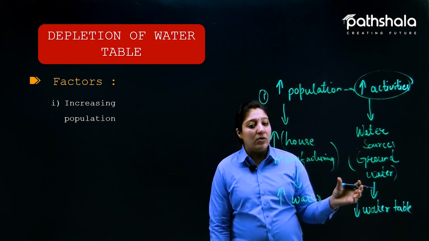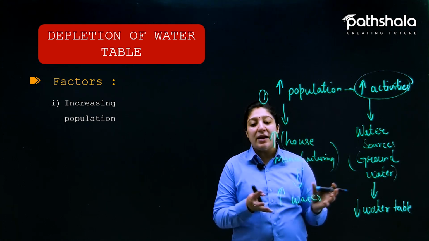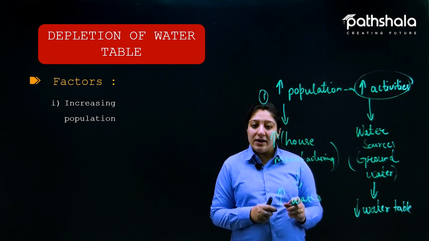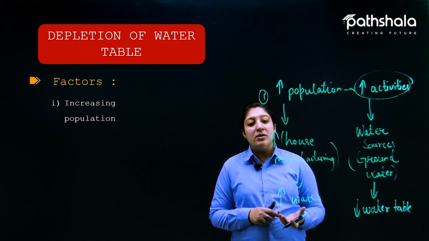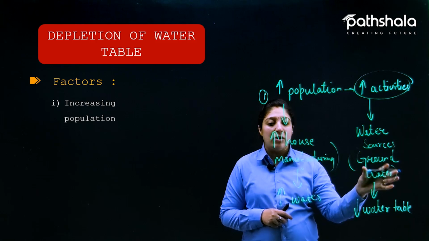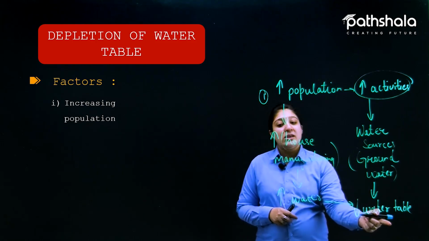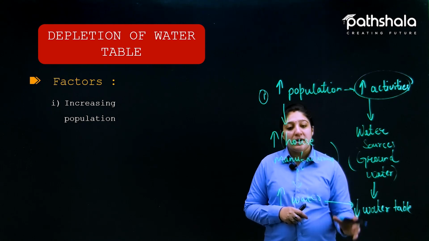From the groundwater. The people who are building, manufacturing the buildings, also depend on sources which take the water from the groundwater. Because of that, again the water in the water table decreases.